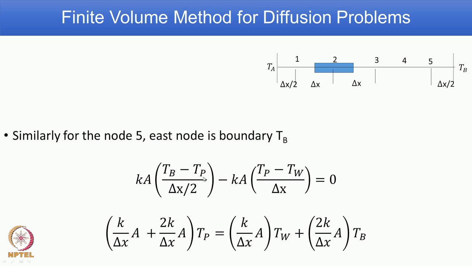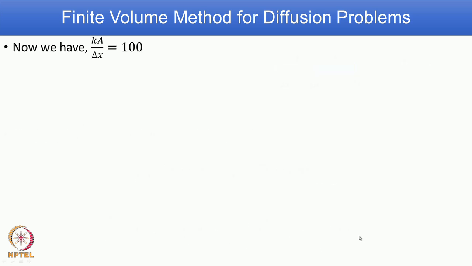Again we identify T p, a point of interest appearing in both these terms, and collect corresponding coefficients. So, you are able to rewrite that equation in this form: k by delta x into A plus 2 k by delta x into A, where 2 is coming because of this delta x by 2, into T p equal to k by delta x A T w plus 2 k by delta x into A multiplying the temperature at B. So, we have the full discretized form for each node.